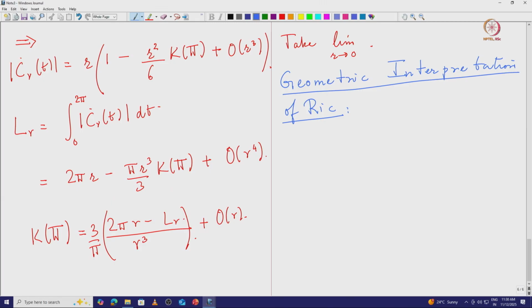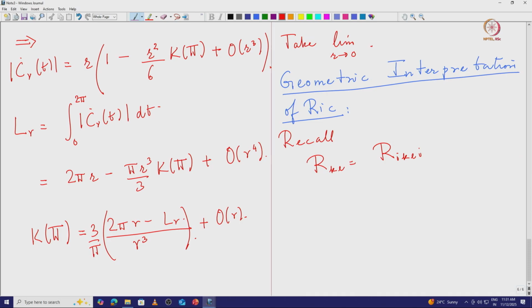Recall that the Ricci curvature R_kl was precisely R_ikli, so it was the trace of the components of the curvature tensor where you either sum over the first and the fourth or sum over the second and the third.